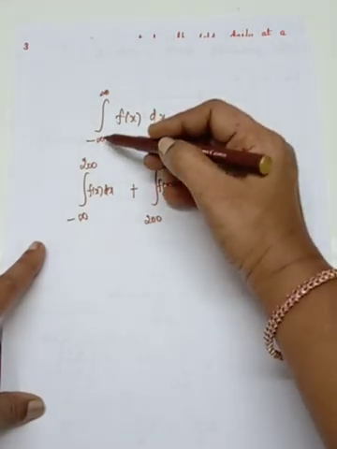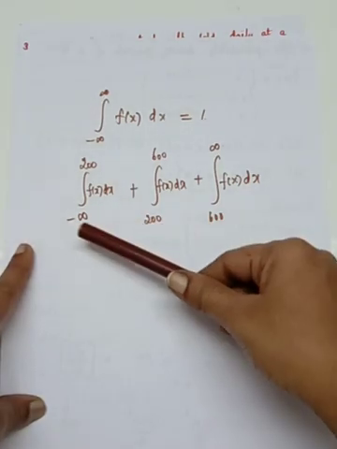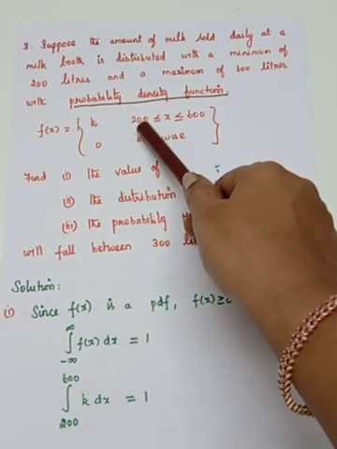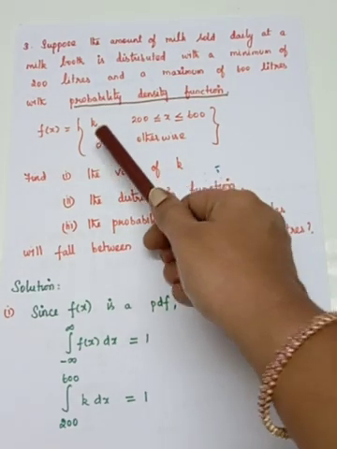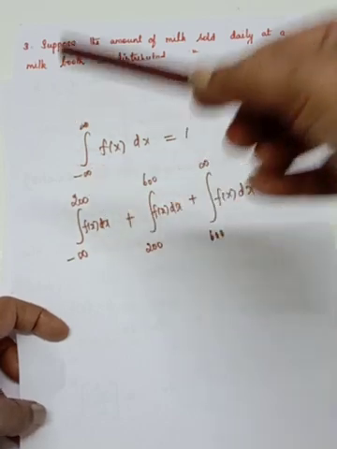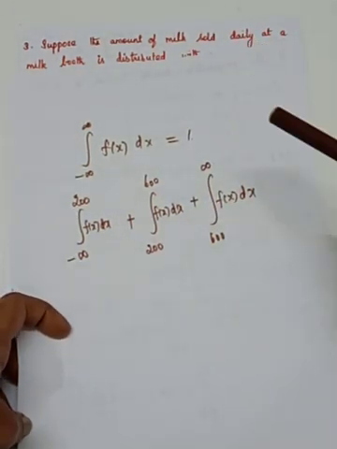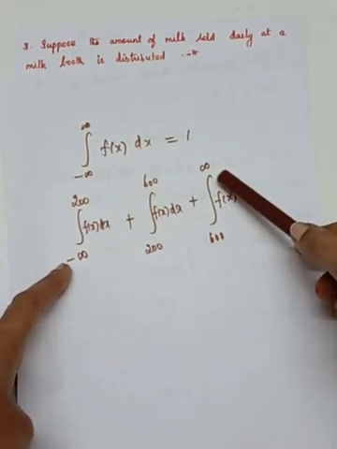You see that I have split minus infinity to infinity as 3 integrals. One is from minus infinity to 200. Why did I stop at 200? Because in our problem, in the 200 to 600 range your f of x is k. So I stopped at minus infinity to 200. Next 200 to 600. Next 600 to infinity. So minus infinity to plus infinity is covered here.